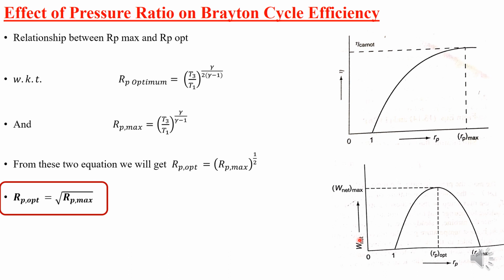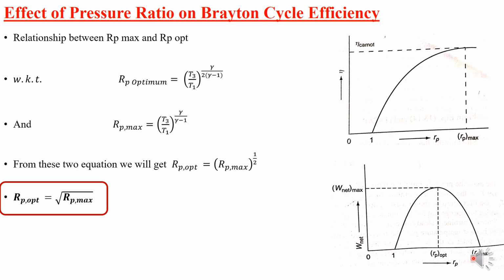Hence there won't be any work, and you get 0 work capacity. Similarly, just look at this diagram. When it reaches the maximum Rp max, you will get one vertical straight line in the PV diagram. That means again the work capacity of the system becomes 0.